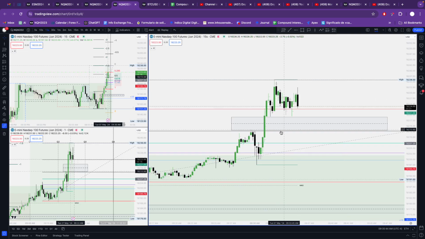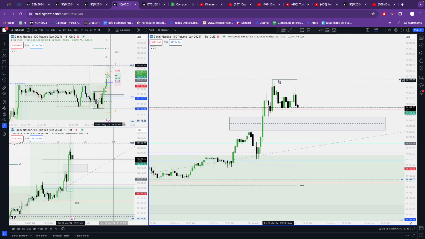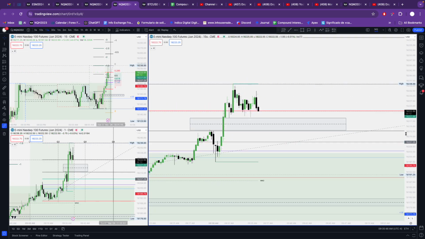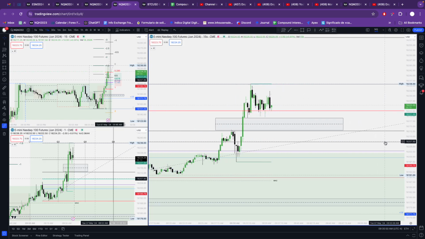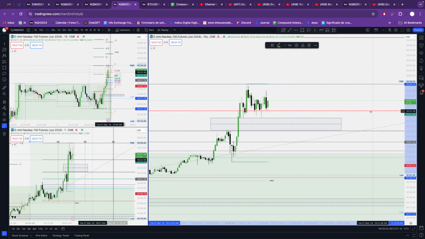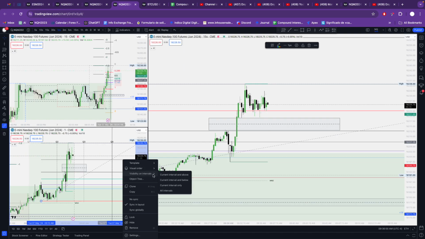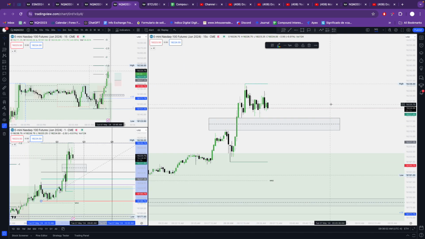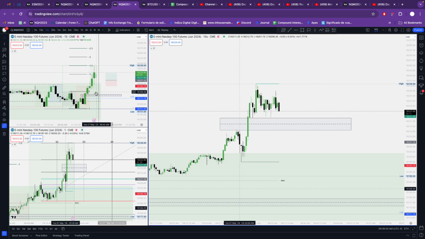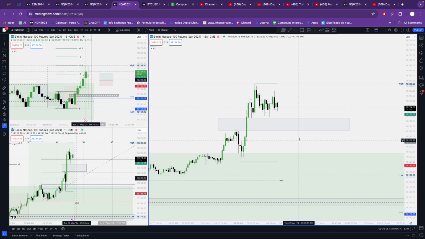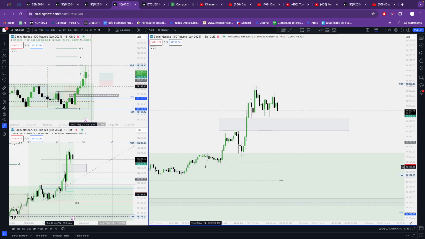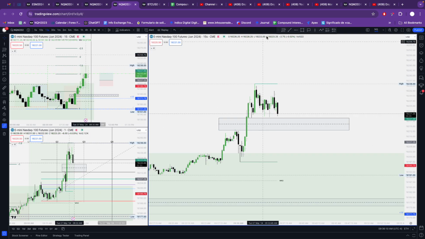All right, so we have a range here from this low to this high. Let's investigate this range. So here we're looking at this range.